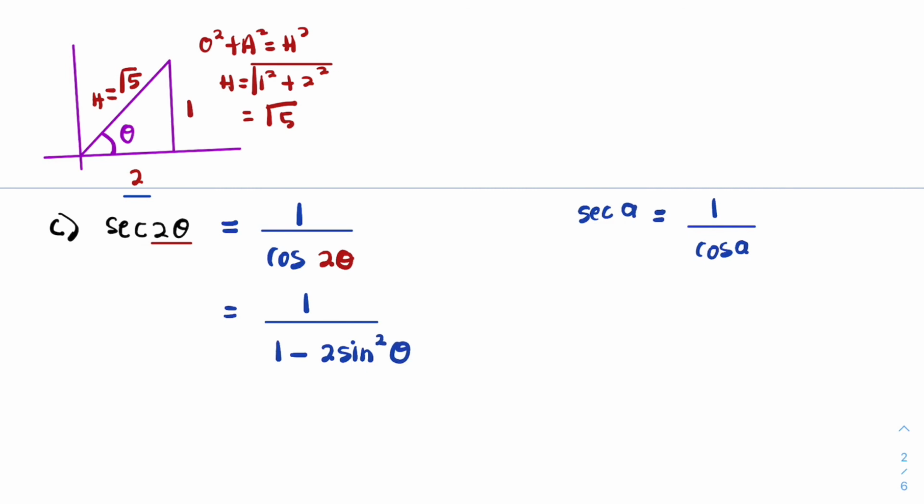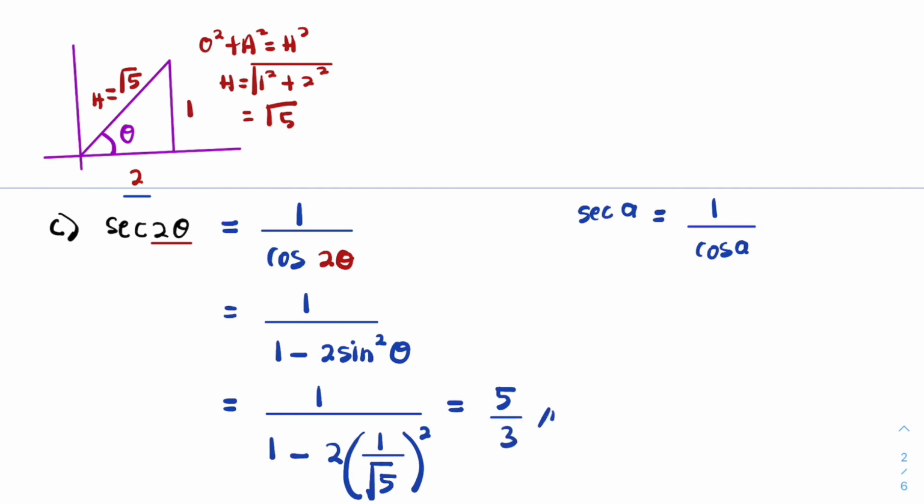And then you just substitute the value, which is equivalent to 1 over 1 minus 2 times sine, where sine is opposite over hypotenuse. So your opposite is 1, hypotenuse is square root 5. And then make sure you have the square. And then simplify your answer. You will get the final answer 5 over 3. And then you are done. Alright?